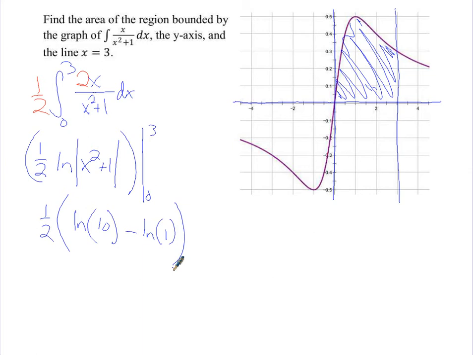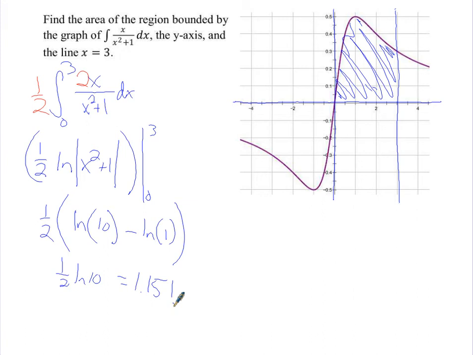But if we want a decimal approximation, then we plug it into our calculator. The 1/2 natural log 10 is the exact answer, or plug it into your calculator, and what do you get? 1.1513, so 1.151 if we're rounding to 3 decimal places, which is what's preferred.